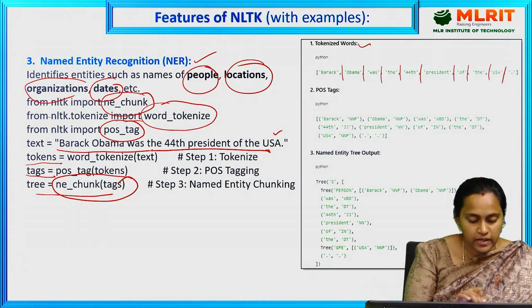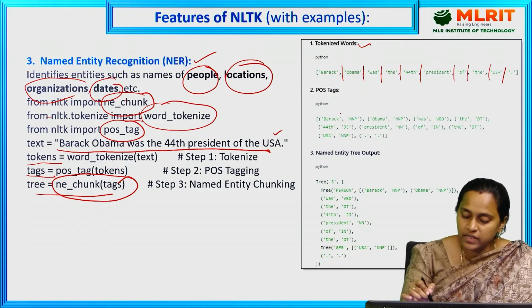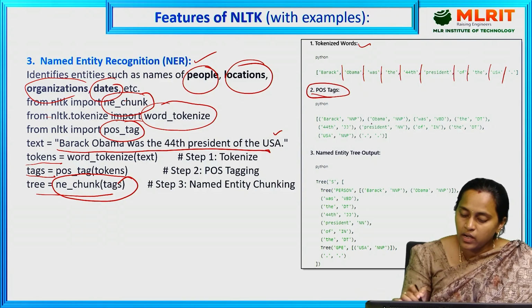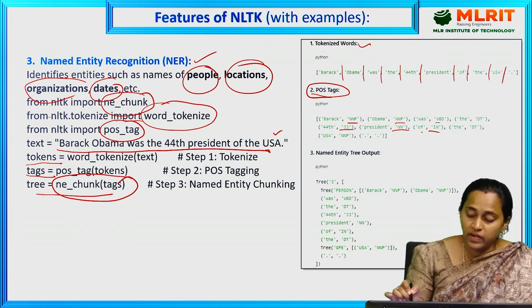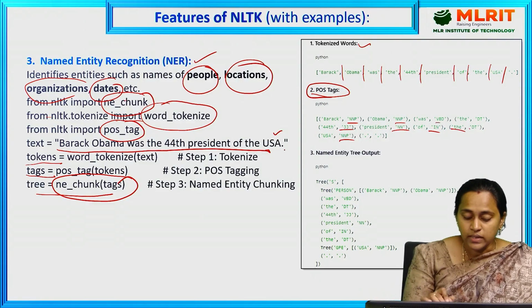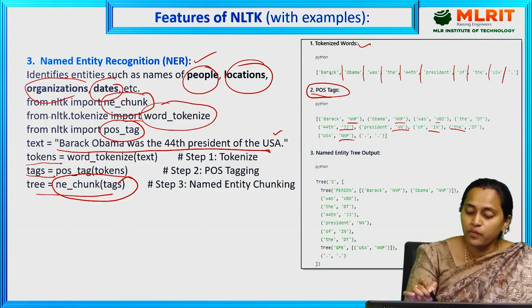This is a sentence. After the sentence, we have to tokenize, apply POS tagging and tree chunking. First, we tokenize the sentence: Barack Obama was the 44th president of the USA. This is sentence tokenization. After that, we apply POS tagging: noun, verb, determiner, adjective, noun. This is the declaration of the POS tagging.